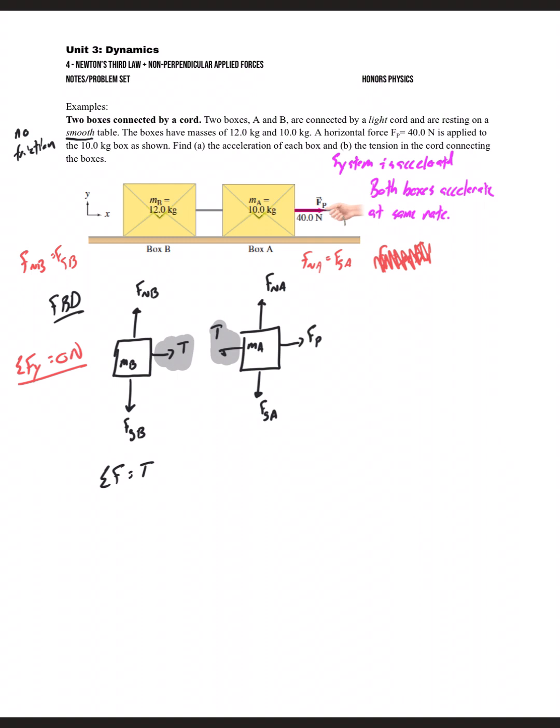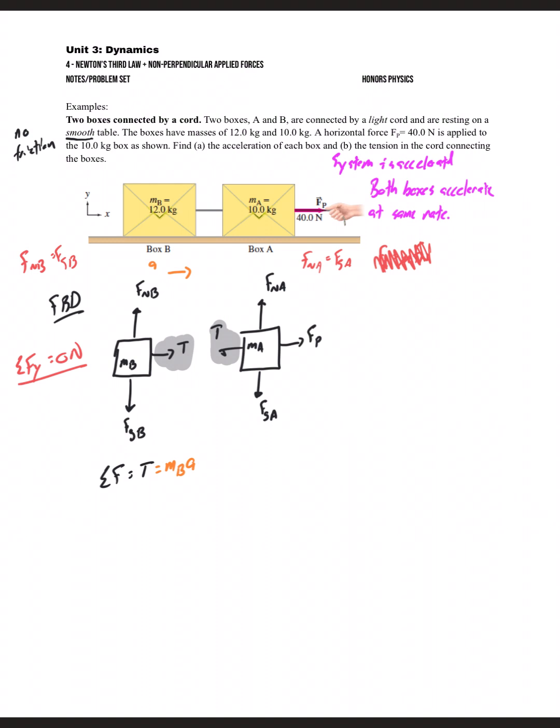So back down to here, we have our net force equals the tension. The tension is creating that net force. And I know, because these objects are being accelerated to the right, this net force is causing some kind of acceleration to that mass. So this tension is causing mass B to accelerate to the right.